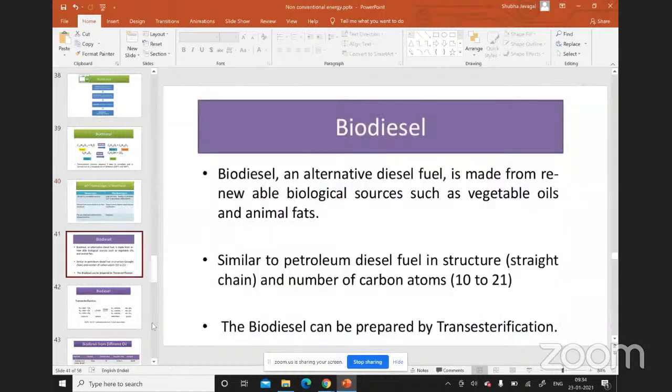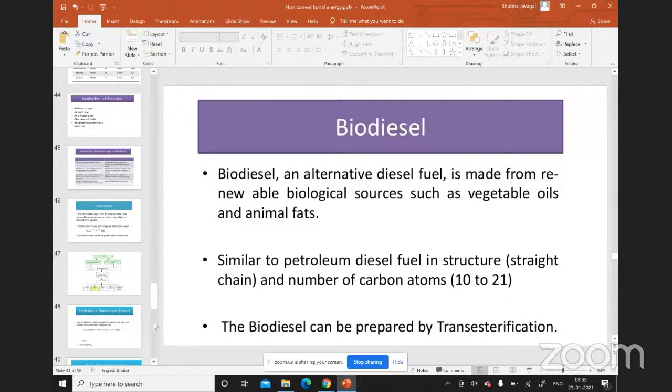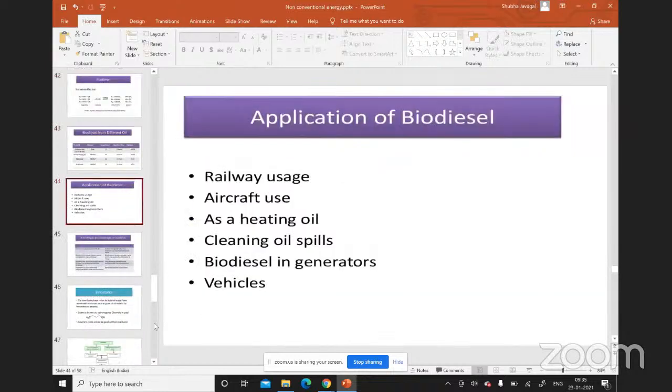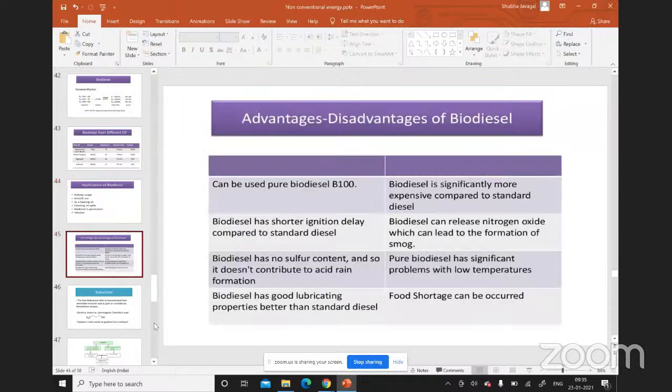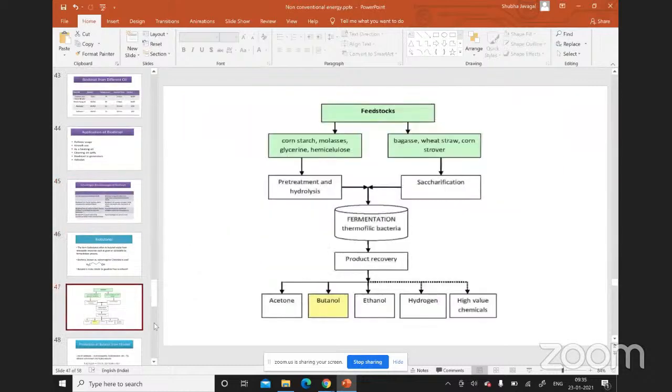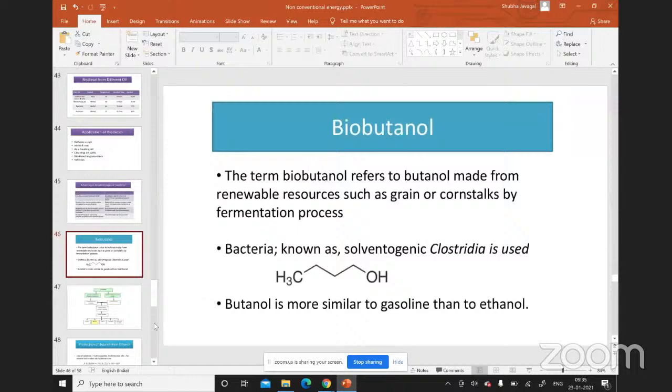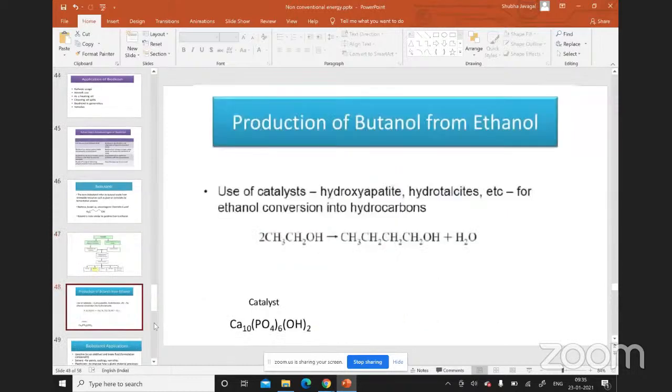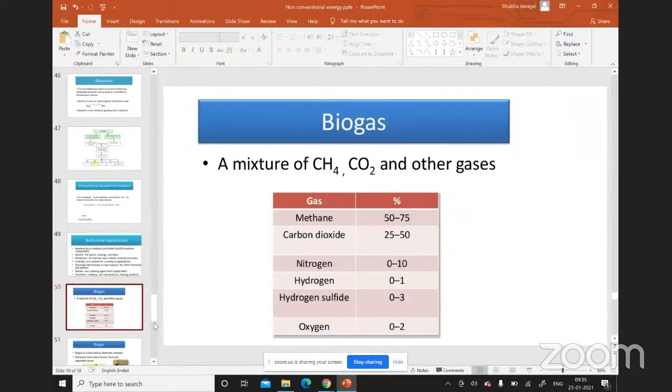And biodiesel is seen as an alternative to the conventional diesel fuel, and it is majorly manufactured using vegetable oil and animal fats. There is also biobutanol. You can again go through the manufacturing processes here.